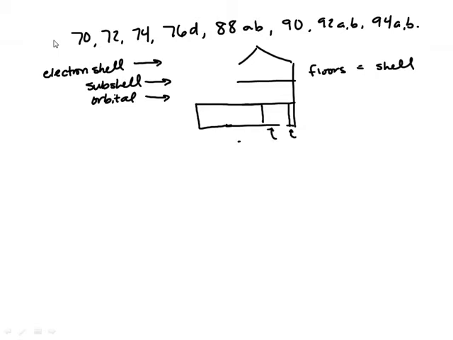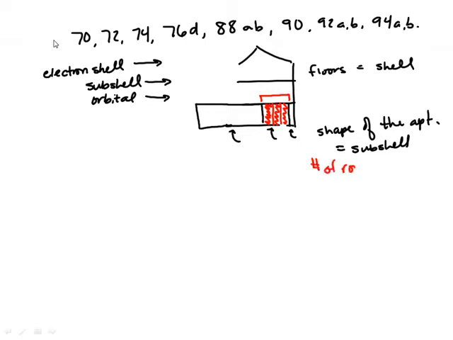The shape of the apartment on a particular floor would be my subshell. Within any particular apartment, I might have some number of rooms. So I might have this room here, and this room here, and this room here in this apartment. The number of rooms, we know, is equal to the number of orbitals. Okay? So let's make sure we're all fresh on what those concepts are.